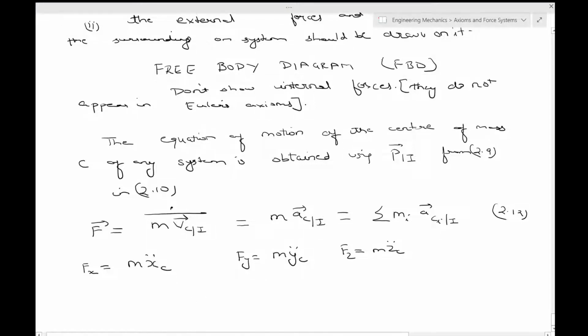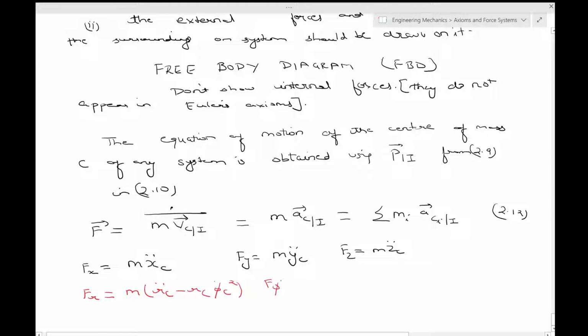So if you do not recall, you have to actually pause this video over here and then go back and check how we are writing this F_r as m times r_C double dot minus r_C phi_C dot whole square.